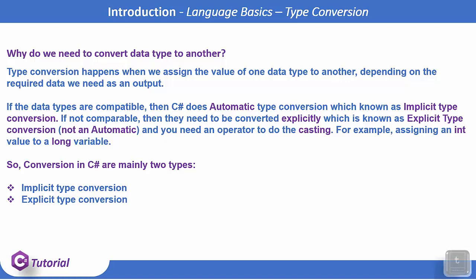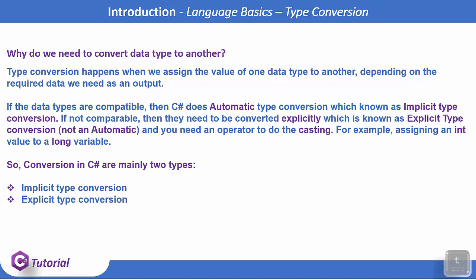So for that reason, you need to have some mechanism to make this work, to work successfully and give you no errors in your program. As we said before in the first tutorial, CSharp is a strongly typed language. So if there is an error, it will not accept. The compiler will throw an error and the program might stop.